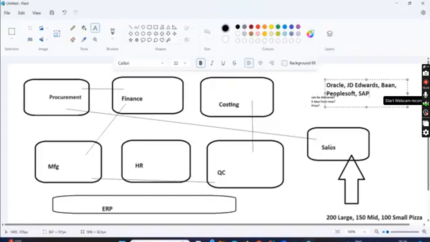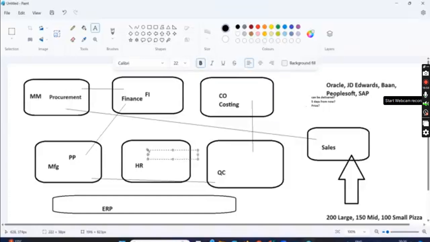Within SAP, we have different modules. Whatever different department you see, all of them have their own modules in SAP. For example, the procurement module is known as Materials Management. The finance module is known as FI. The costing or controlling module is known as CO. The manufacturing module is known as PP.